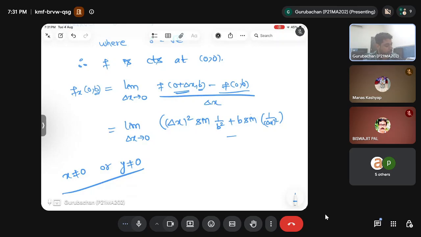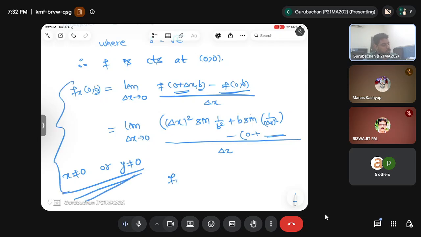First one or second one? In case of f(0,b), which function will you choose? First one. So f(0,b), when you substitute 0, the first factor will be 0, but again the second factor will create a problem. So I believe this cannot be calculated even for fx(0,b).